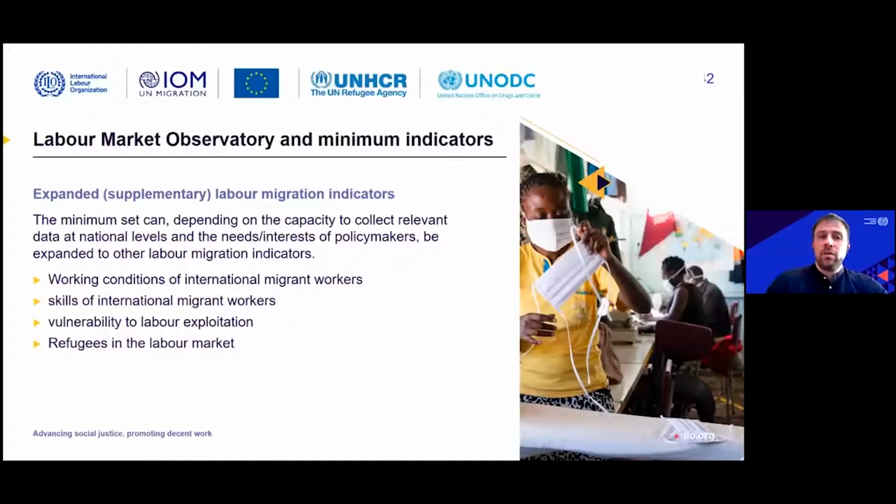A very big one is looking at skills of workers, in particular international migrant workers, and that's not only useful for tracking skills matching between countries and mismatch of skills of international migrant workers, but can also serve as a basis and perhaps even a benchmark for monitoring and implementing the SADC qualifications framework, which is included in the SADC Labor Migration Action Plan, to ensure that there is coherence of qualifications frameworks between countries and adherence to the same standards at the SADC level.